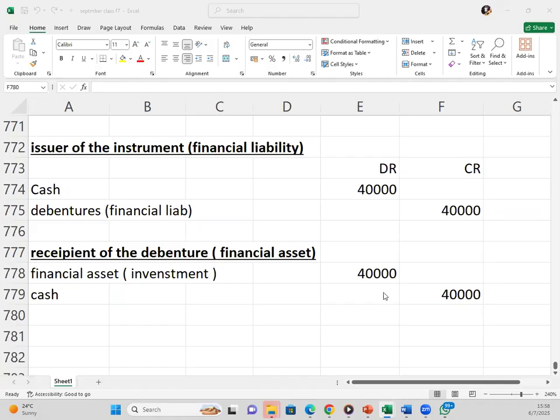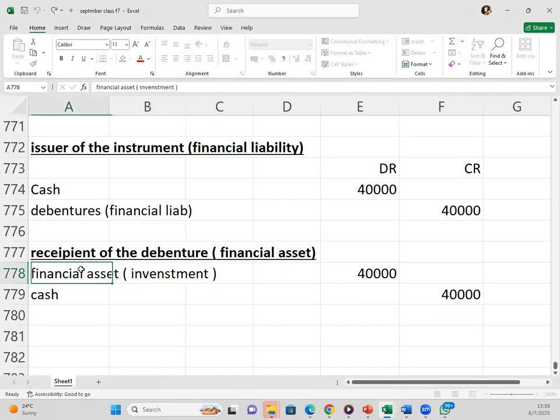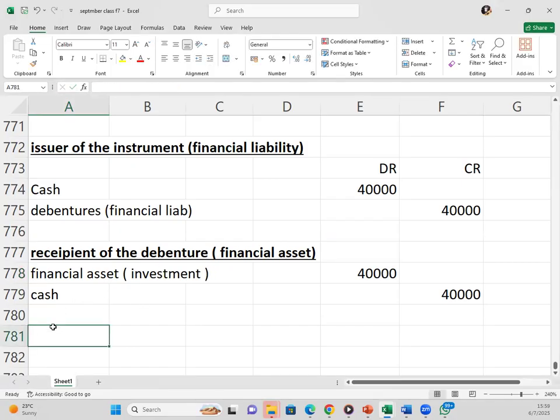Let's have another example. So this one, it was a financial asset and a financial liability. So we looked at a financial asset and a financial liability. But when do we have an equity instrument? Let's have another case.